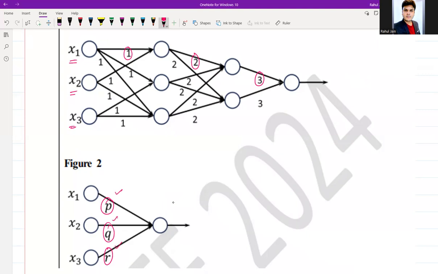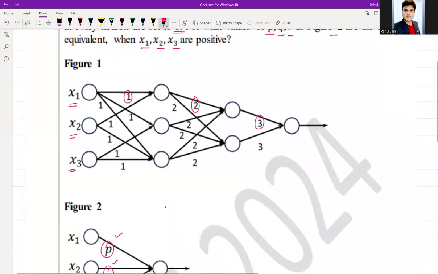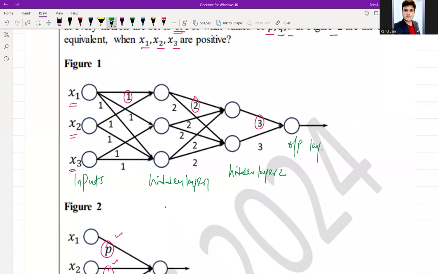In figure 1, if you can see here, we have some inputs, and thereafter some hidden layers. So it is my hidden layer 1, it is our hidden layer 2, and it is our final output layer, right? So I can call them H1 hidden layer 1 and H2 hidden layer 2.